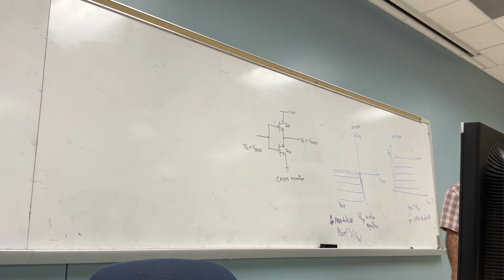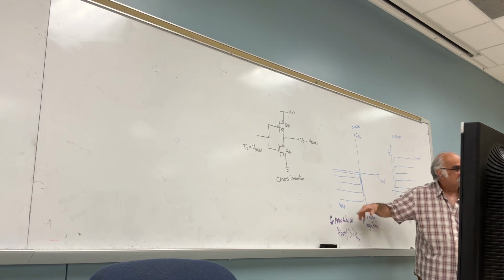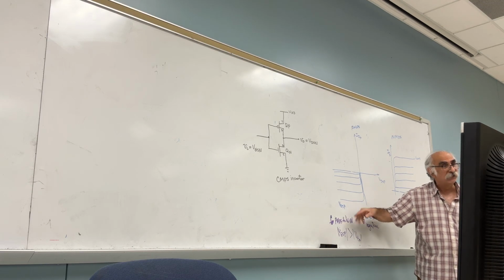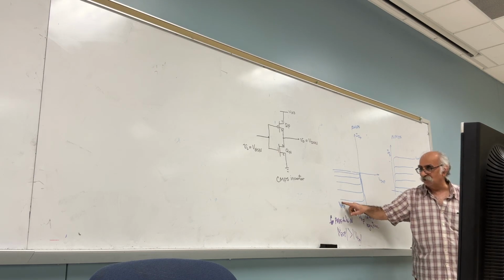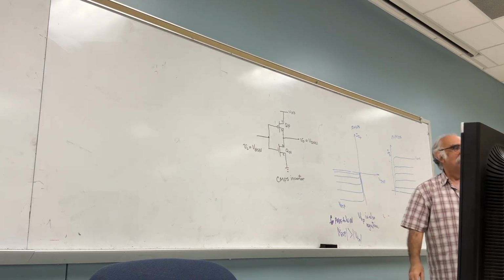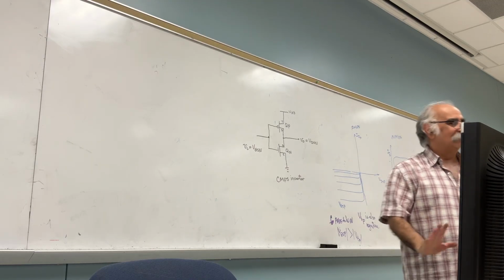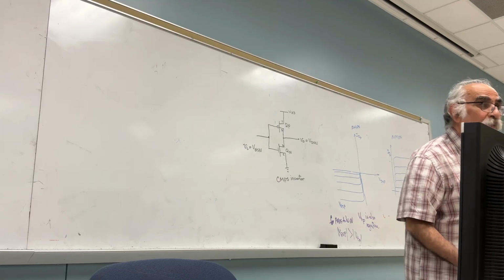Did you get it or not? And again, as you move this way, what does VGSP become, more negative or more positive? More negative. So if this one is -6, -5, -4, -3, -2, and so on. Clear so far? Yes or no? Yes. Okay.